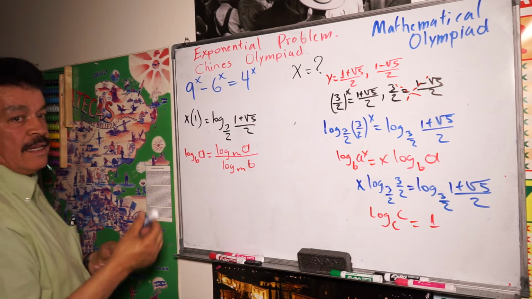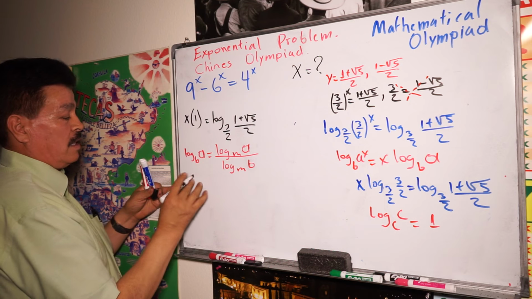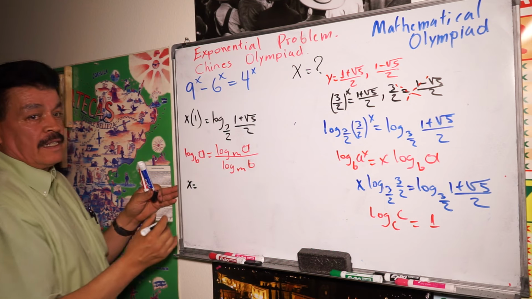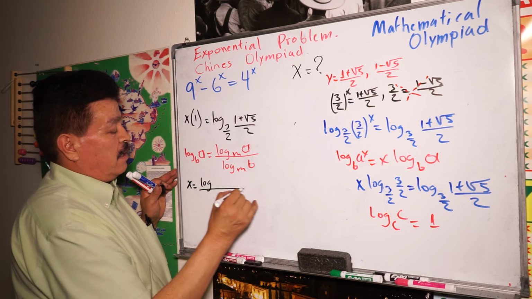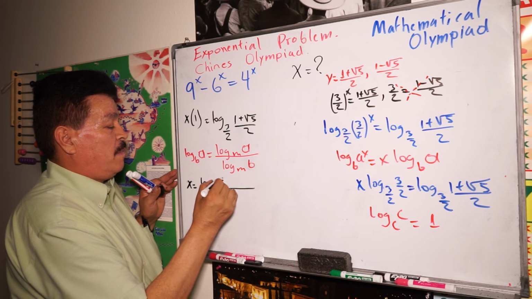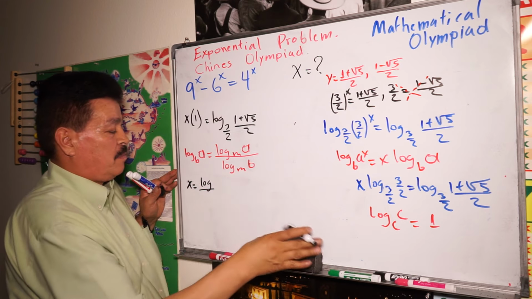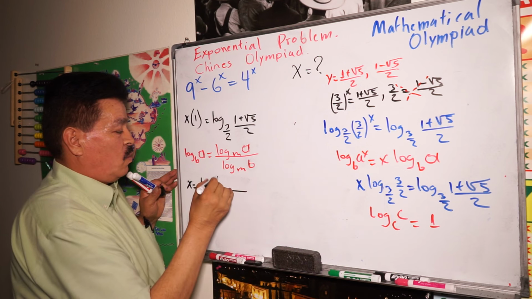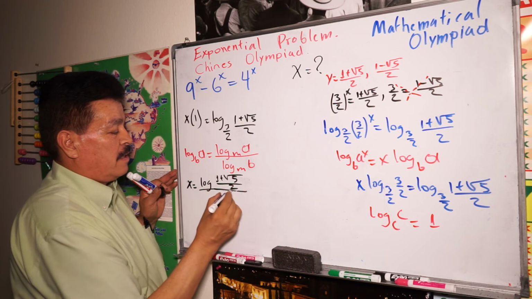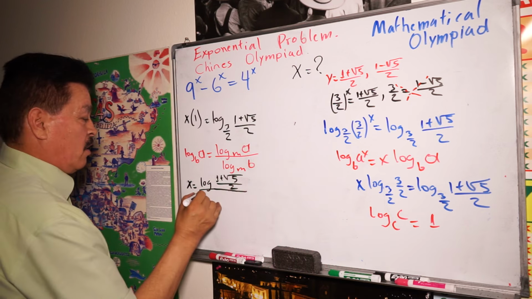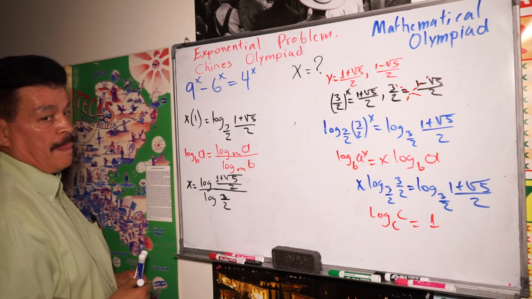When you have that, then now x equals log of 1 plus square root 5 divided by 2, over log 3 over 2.